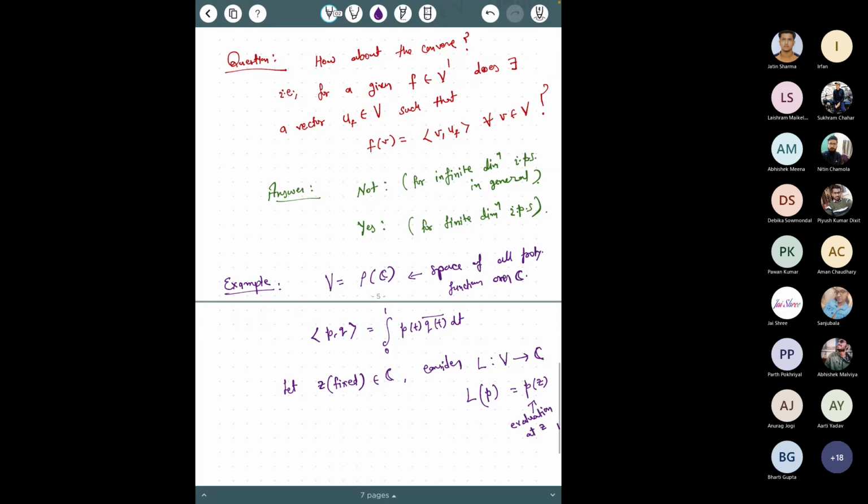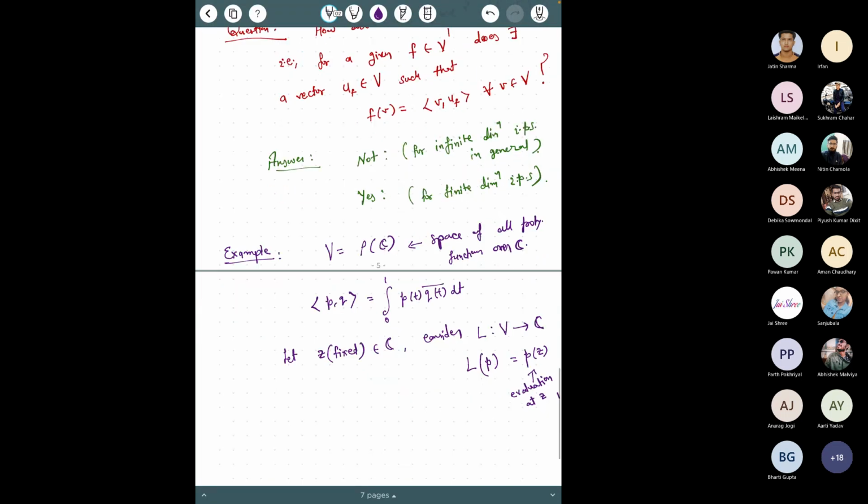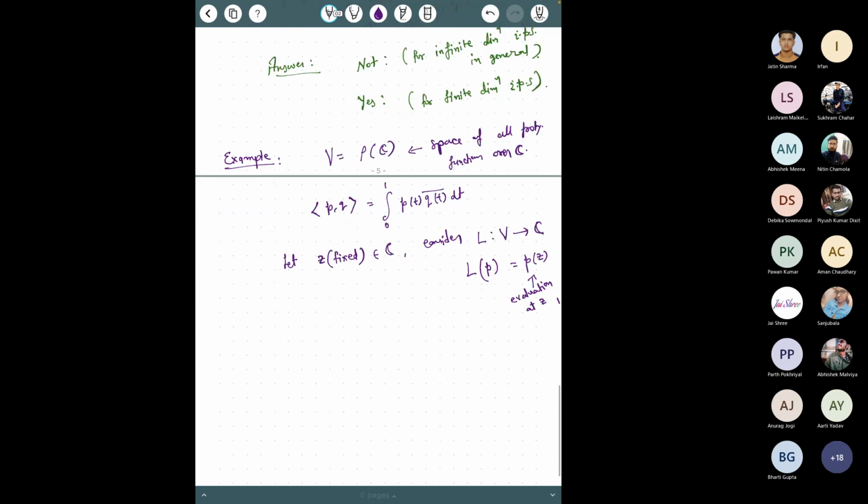All right. Now you can verify that this L is not identically zero. That means it's not a zero functional. In fact, it is a non-zero functional on V. So you can show that it is non-zero, not identically zero, and it is a linear functional on V. That means it belongs to V dash.